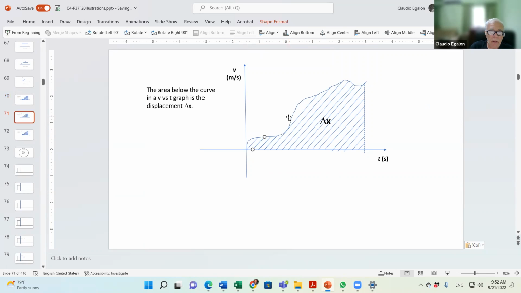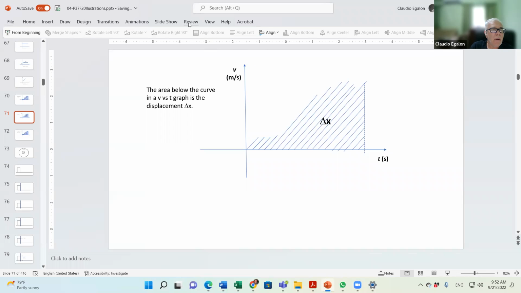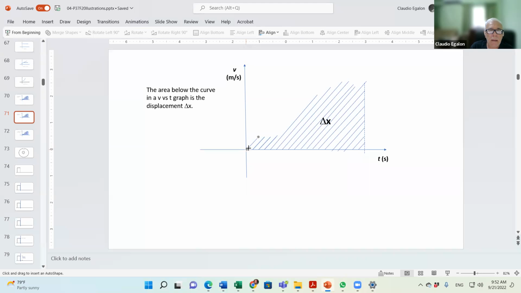This becomes more obvious if we come up with a constant velocity graph here, okay? Straight line. Suppose that we have a straight line here. It's possible to prove that mathematically, but it requires calculus, okay? So I just want you to memorize.